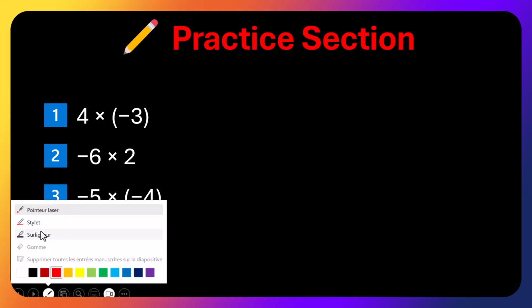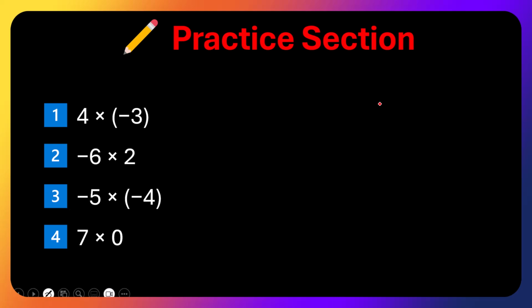Alright, for the solution. For the first one, we have 4 multiplied by minus 3. Here 4 is plus, multiplied by minus equals minus, which means we write minus and multiply the numbers.